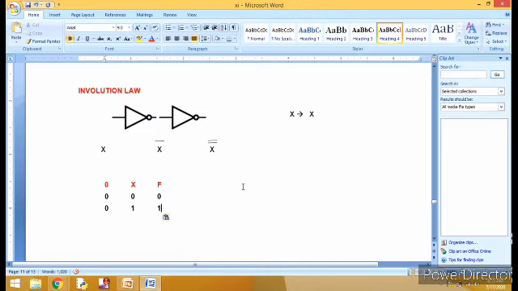Is it clear? Can you explain it once again? Yes, why not, sir? I am saying that suppose in this input we are having 0, what output will you be getting over here? 1. Again, if this 1 is passed to this NOT operator, what signal are you getting? 0.